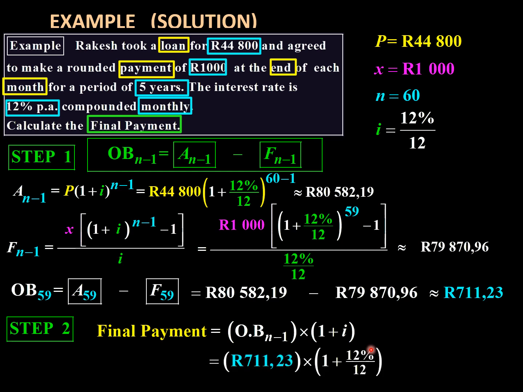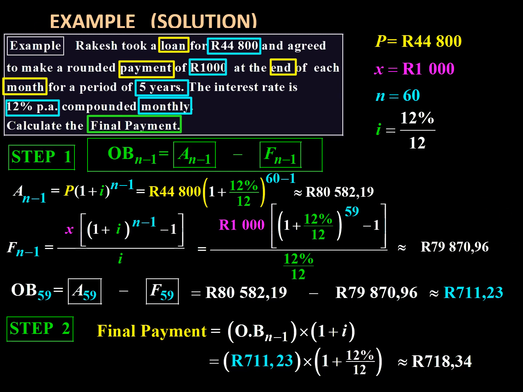If we calculate that, with the same interest rate, 12% over 12, his final payment is 718 Rand and 34 cents, right? With these calculations, do them more than once just to make sure you have it correct, and always make sure that this amount is more than that amount, and this amount will have to be less than that 1,000.